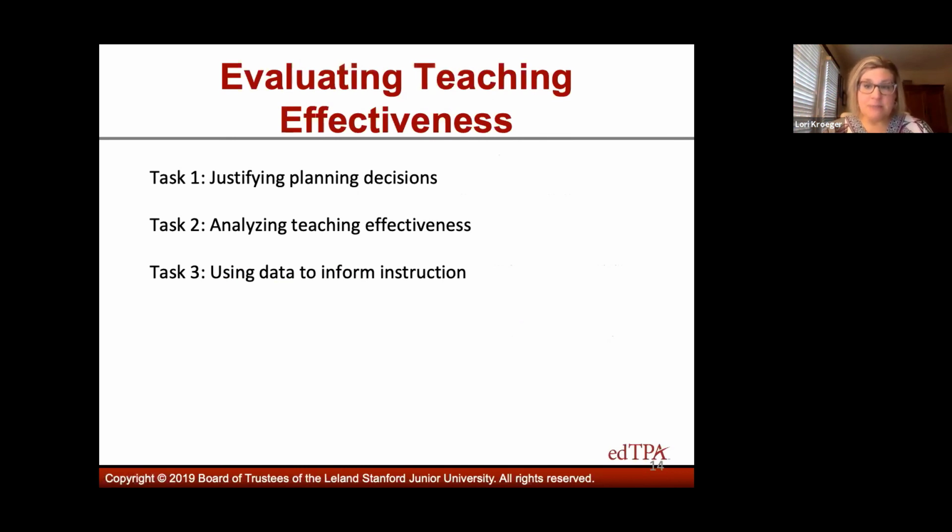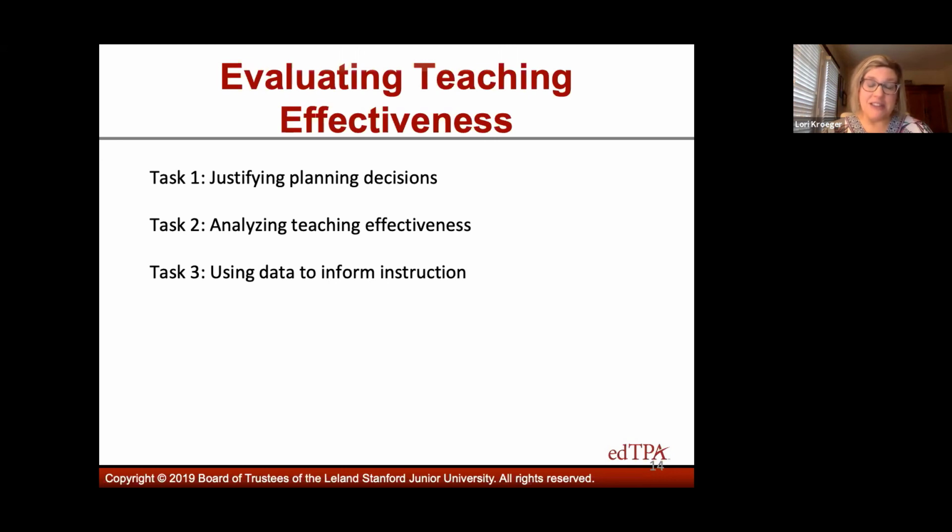In task 1, candidates are asked to justify their planning decisions. They do this by talking about what they know about their students, their current knowledge, and their student assets. But they are also justifying their planning decisions based on theory and research that is applicable to what they're teaching, the pedagogical strategies and the content. In task 2, they are asked to analyze their teaching effectiveness.